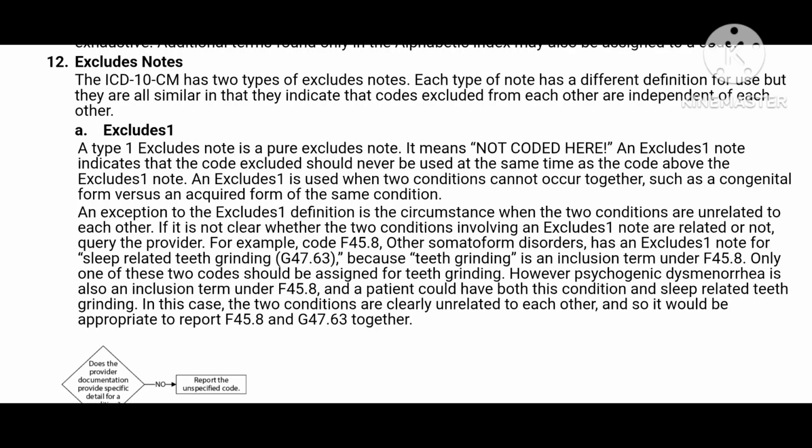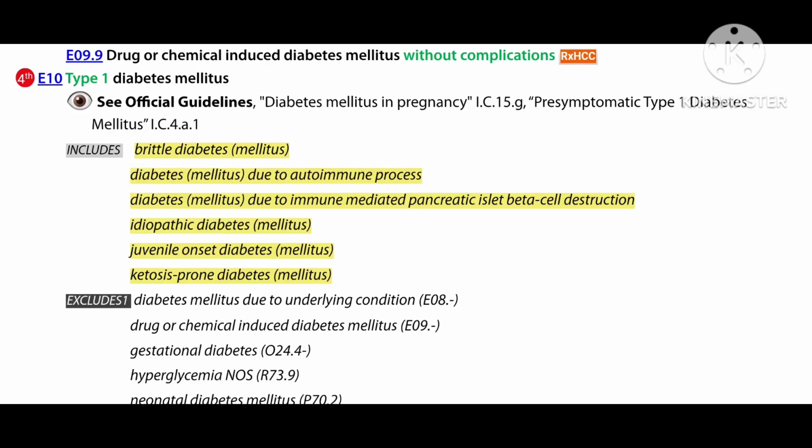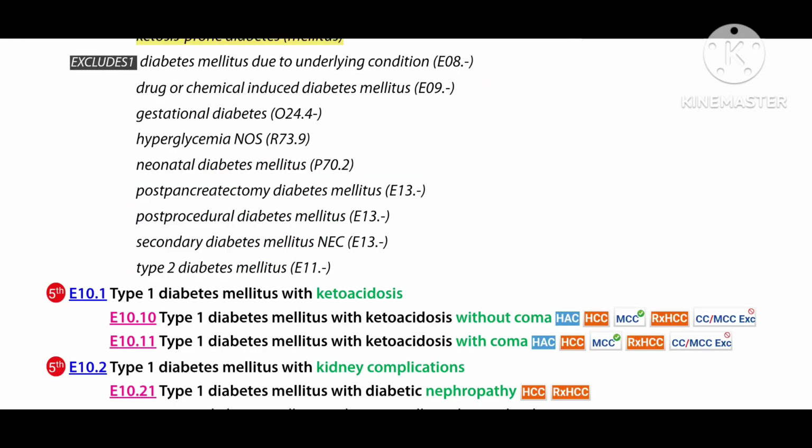Now I'll give you some examples for that. If you check this code E10, that is type 1 diabetes mellitus, below that you can find excludes 1 notes. So you should not report this code E10 with the diseases that are mentioned under excludes 1. For example, you can never report E08 or E09 or O24.4 with E10 series of codes, because both of these conditions can never exist together in a patient.